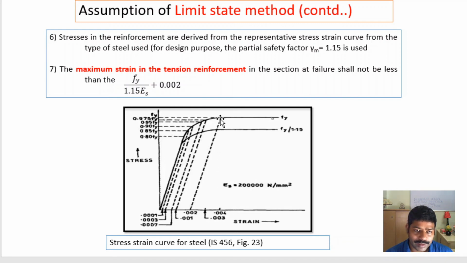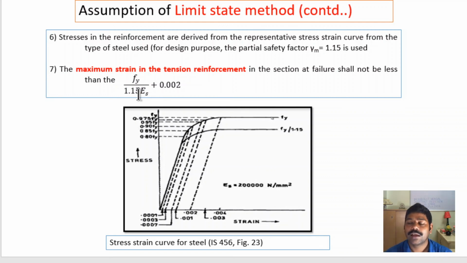So how is this value coming? If you draw a vertical line here to intersect here, this value is 0.002, plus the strain which occurs in the linear range. How is it coming? Fy by 1.15, that is 0.87, so whatever the strain is due to 87% of the yield value.